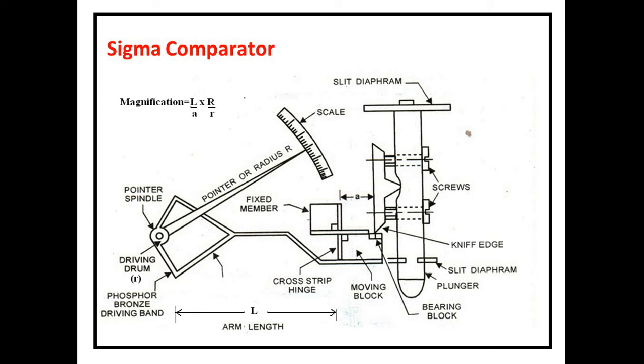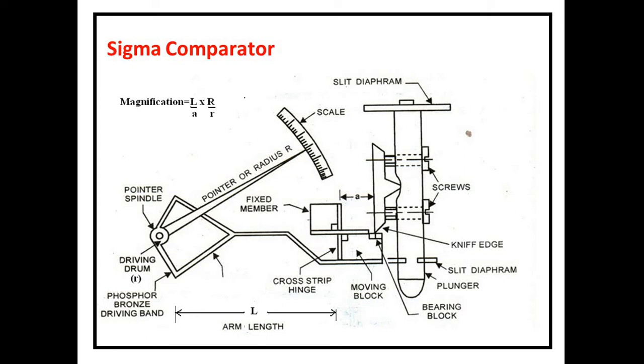Then a Y arm. This is the Y arm, you can see here this arm, up to this, here and here. The shape of this arm is like the letter Y in English, that's why it is called a Y arm.